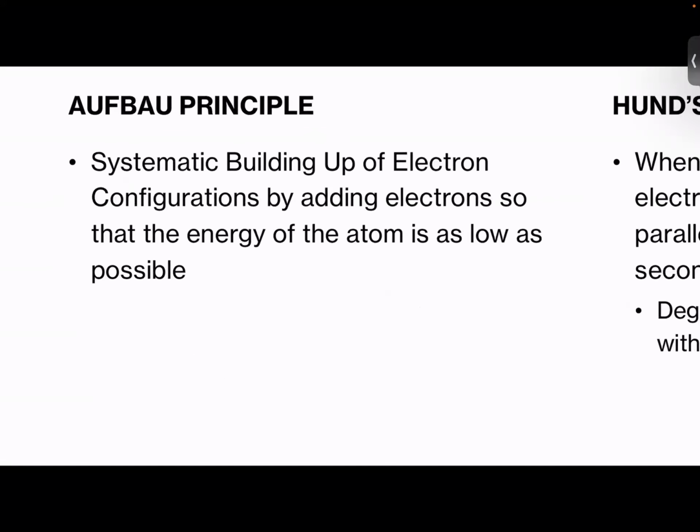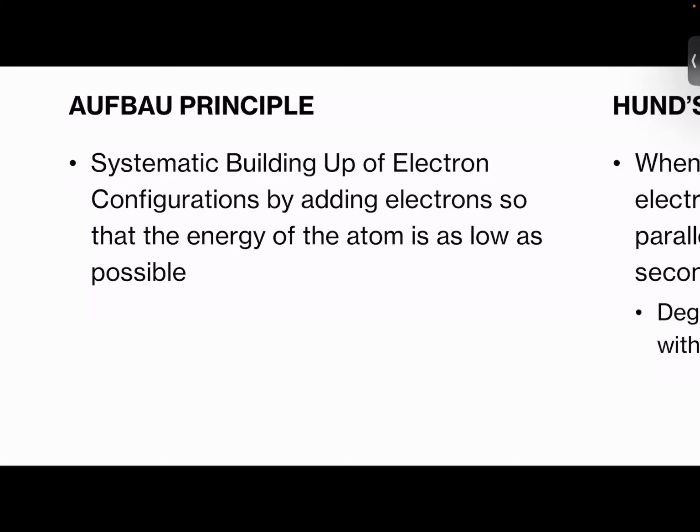Now, there are 2 other guiding principles that we use in determining the electron configurations. The first is the Aufbau principle. And folks, you're not tested over these definitions. You're tested over understanding the concepts.